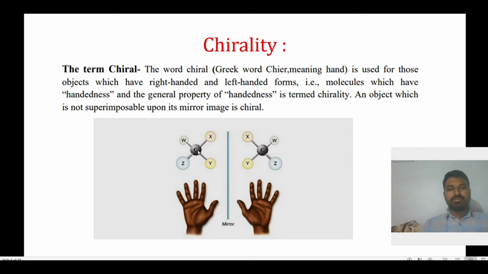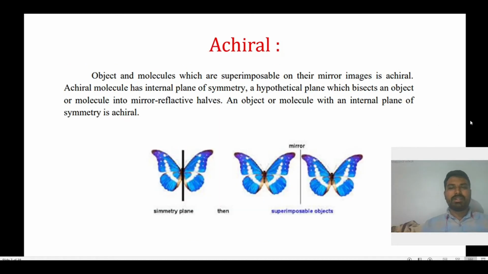Now see this molecule over here, CXWZY. This is its exact mirror image. If we superimpose this molecule on this, these are both non-superimposable mirror images, and so the molecules are said to be chiral.